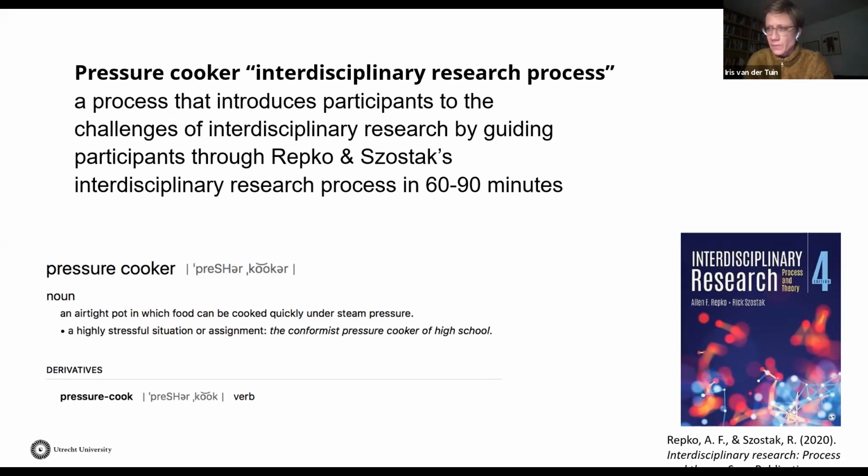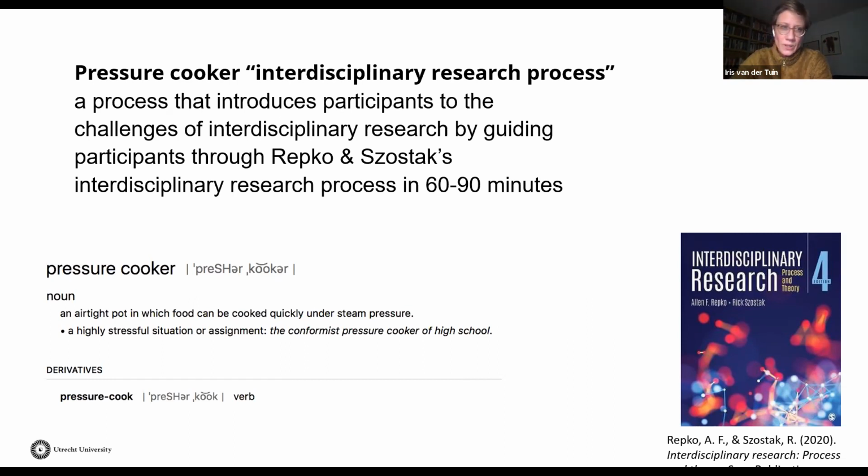And we developed the pressure cooker together with 2 students and an educational consultant, and that probably shows you that we really try to develop tools and ways of collaborating together with students, in this case, because we use the interdisciplinary research process primarily with students.